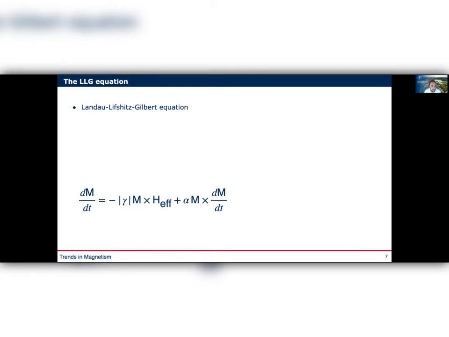For this audience this is maybe not necessary, but for someone new to the field: it is a first-order differential equation which has two terms, and it tells us that if you have a magnet with a certain magnetization and you apply a field, you have what is called an effective field, which can contain different terms.